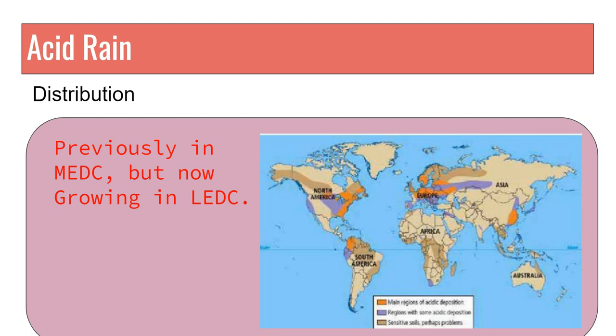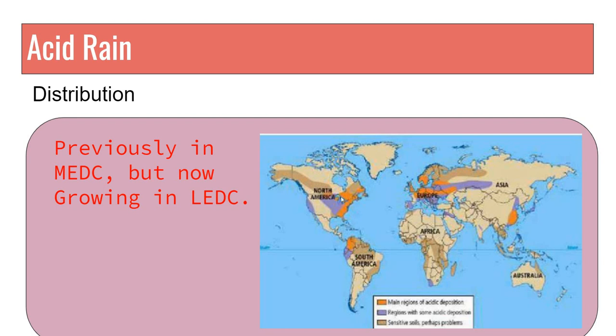Okay, surprise, surprise, there's a difference here in how acid rain is appearing in industrial, better off countries, which we call MEDC, and those which are developing, which we call LEDC. So if you look down here, where are we seeing most of the acid deposition? Well, there we go.